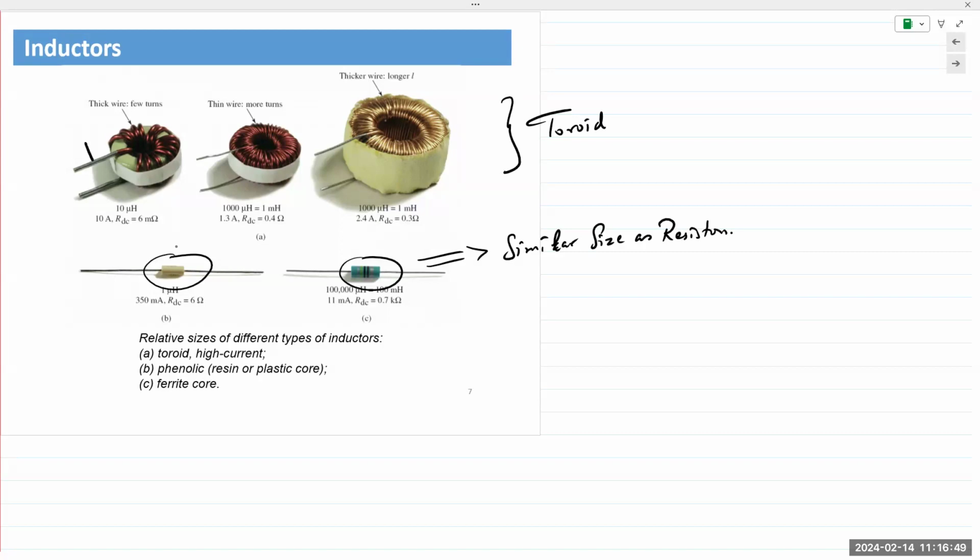I just wanted to point out a couple of things. If you look at the thickness of the coil, that illustrates the current carrying capacity of that inductor. The thickness of the coil doesn't have anything to do with the inductance level, but it has everything to do with the current carrying capacity. The thicker the wire, the more current it can carry. The thinner the wire, the less current it can carry.